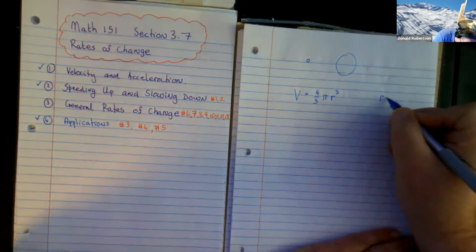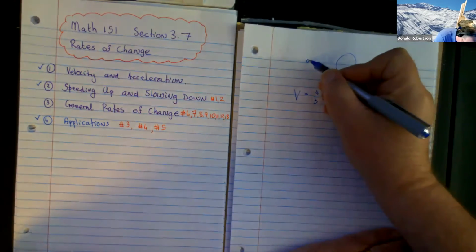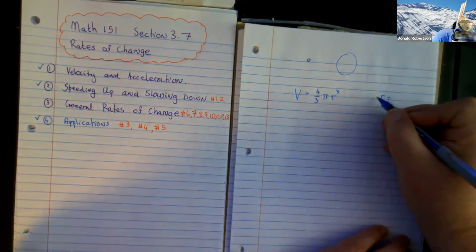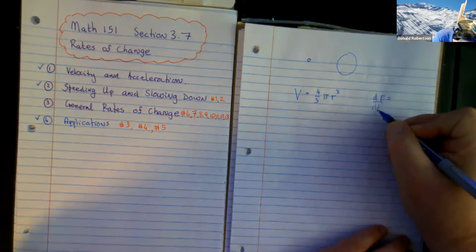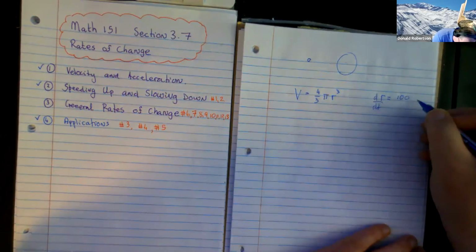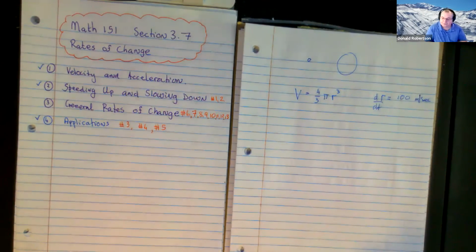Suppose I tell you that the radius of the sphere is growing with time, and the rate at which it's growing is, say, 100 meters per second. So that it's growing really fast.